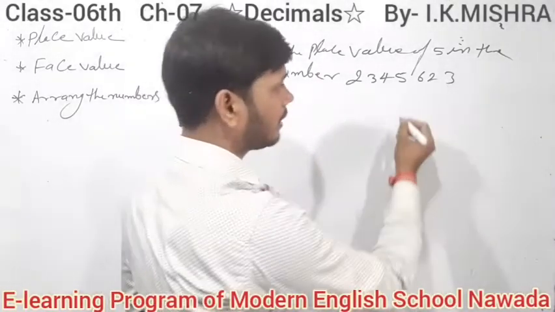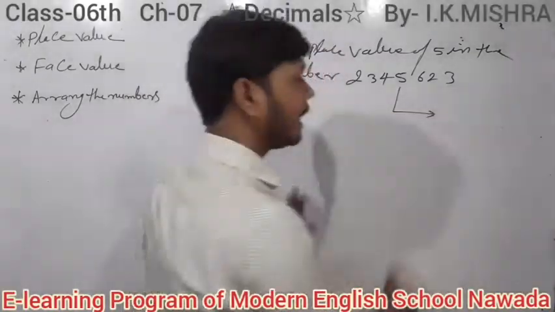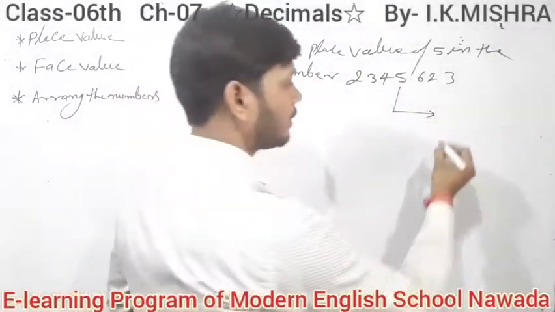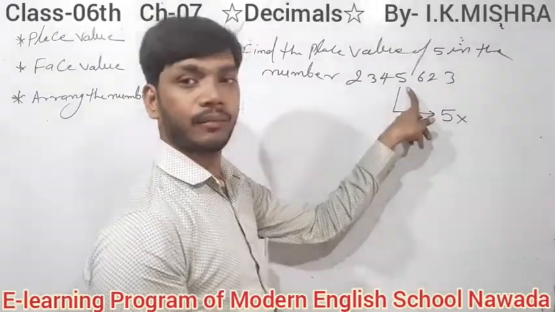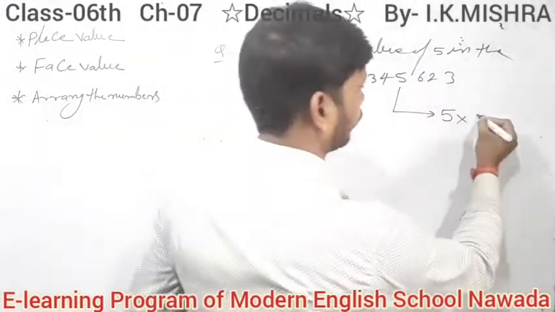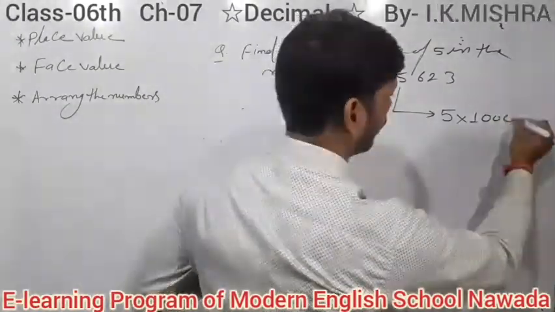So friends, here this is the place value of this, that means 5 into, and this place is thousands, so multiply 1000.